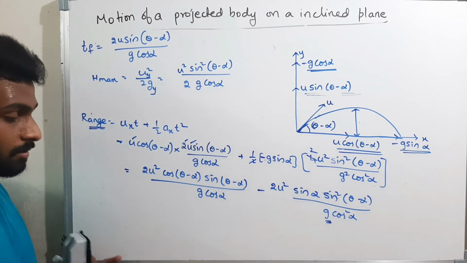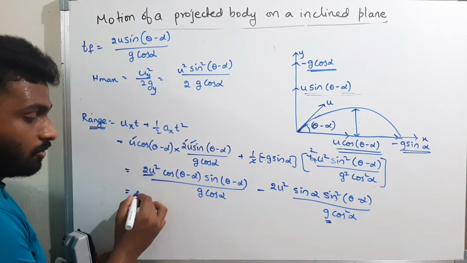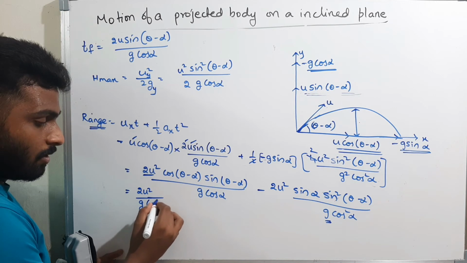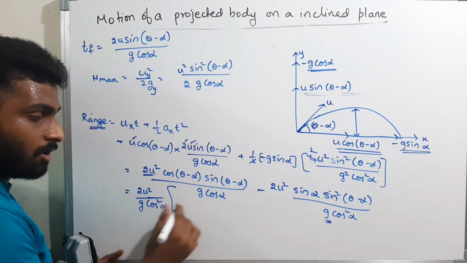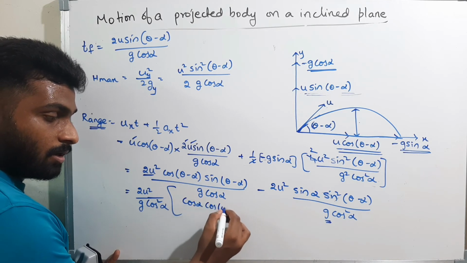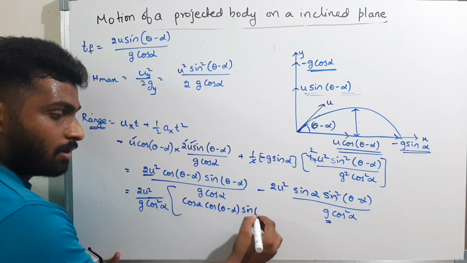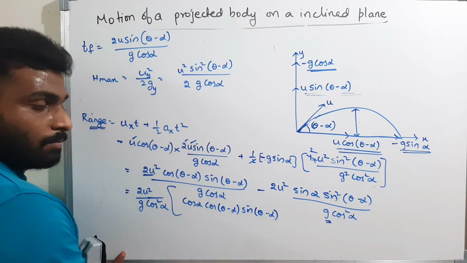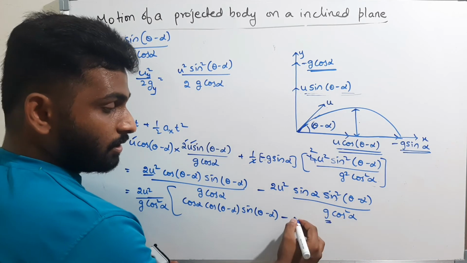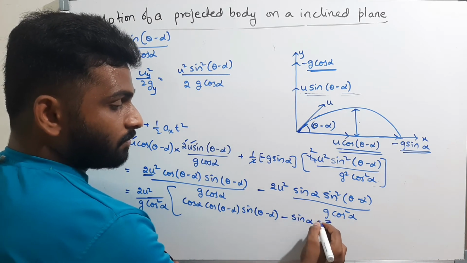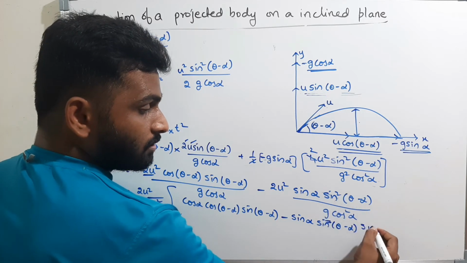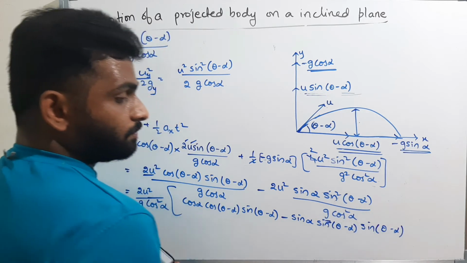Now what I'm doing is taking 2u square by g cos square alpha common. If I take this out, what I get is cos alpha into cos(theta minus alpha) into sin(theta minus alpha), minus sin alpha into sin square(theta minus alpha), so again sin(theta minus alpha).